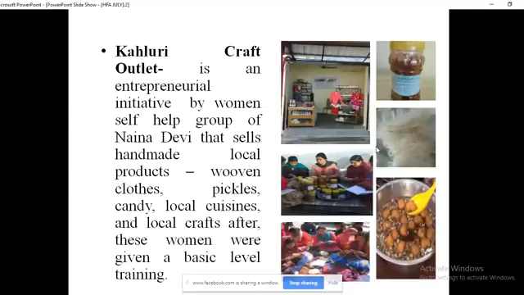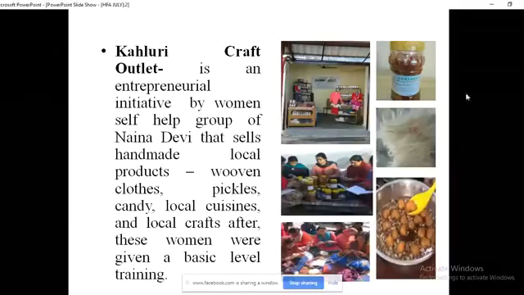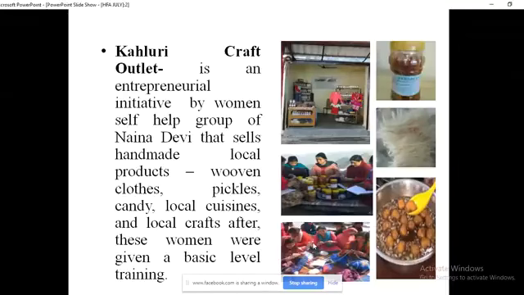Next, for this matter, we have an example of the Kahluri Craft Outlet. It's an entrepreneurial initiative by women's self-help groups of Naina Devi that sells handmade local products like woven clothes, pickles, candies, local cuisines. Women have woven some woolen clothes.